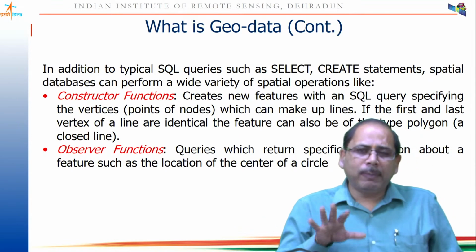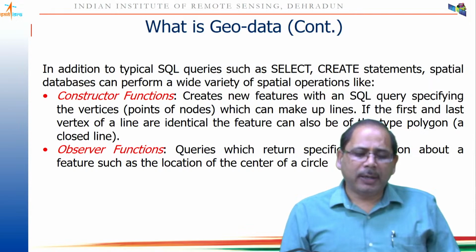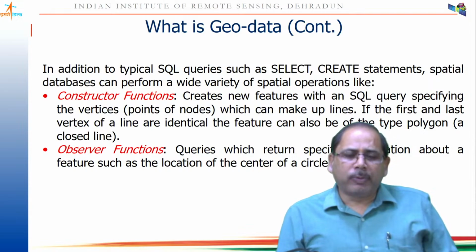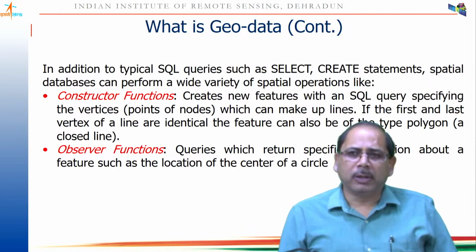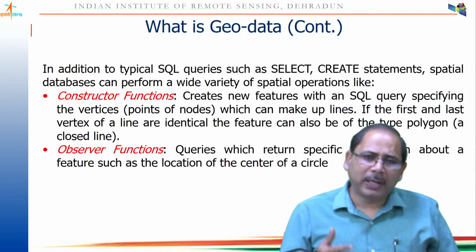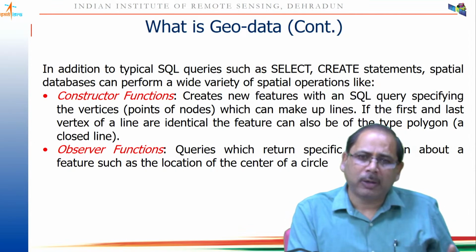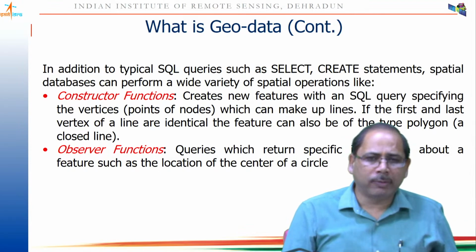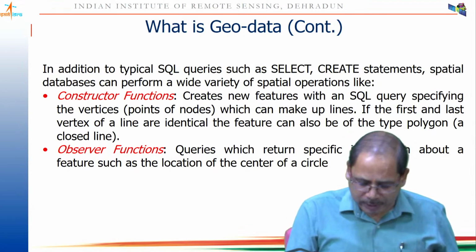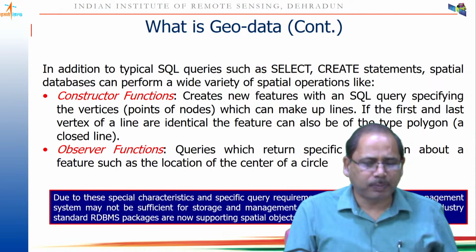But if I want to perform a query, in case of a polygon, what is the center of this particular polygon? What is the center of the circle? Automatically it will not be stored as a specific object or a specific value. Rather, it can be calculated on the fly by using the structured query language. This is called observer function.